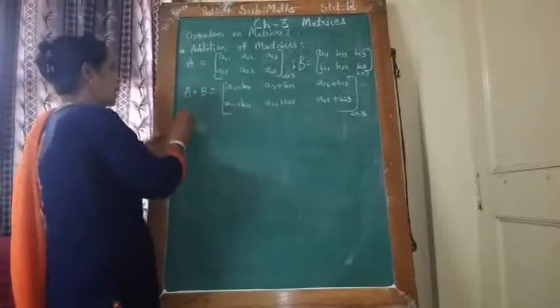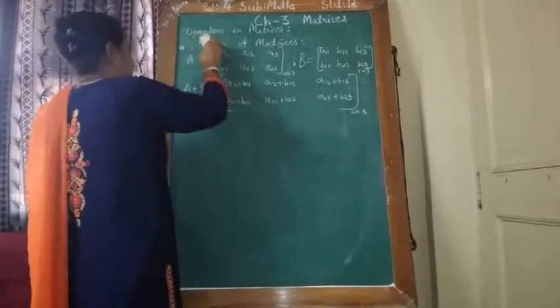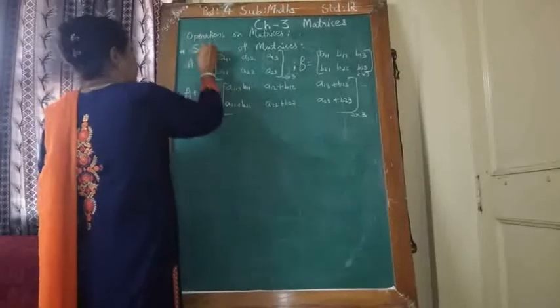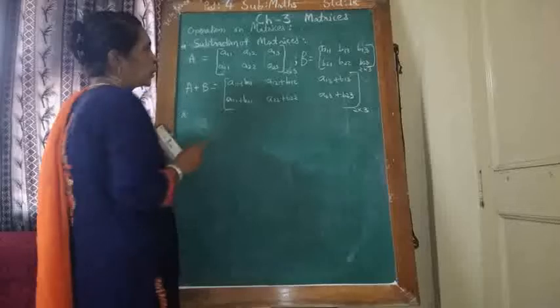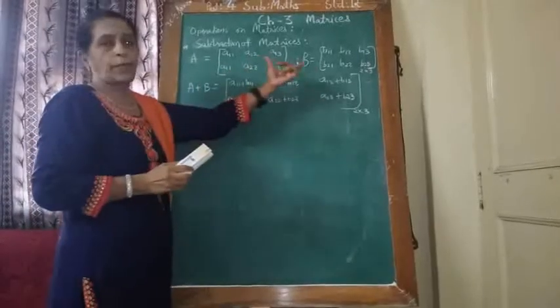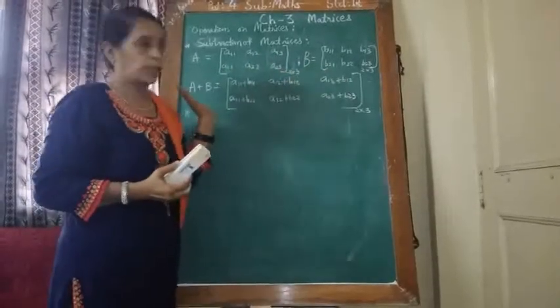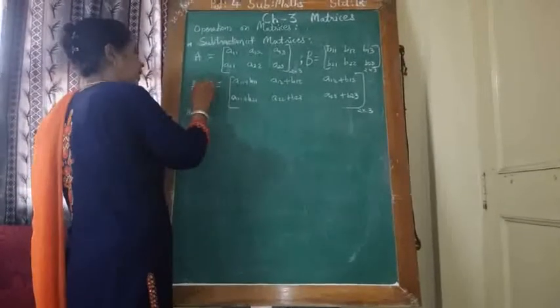Then subtraction. Here I explain subtraction also. Subtraction of matrices. Here also you have two matrices of whatever order, but the order must be the same for both matrices. And here I replace plus by minus.